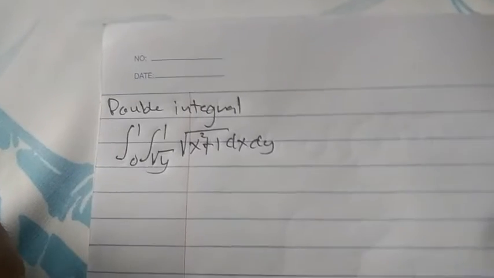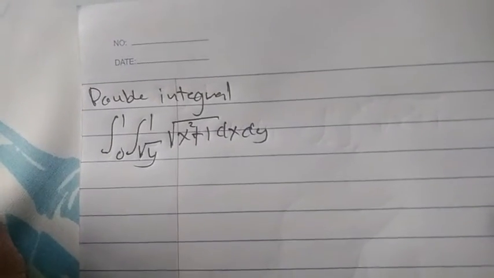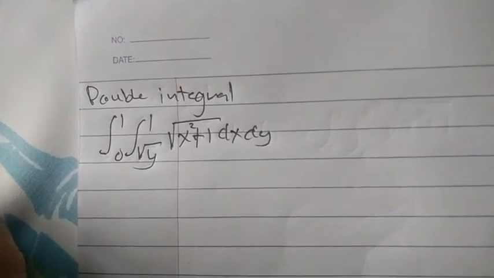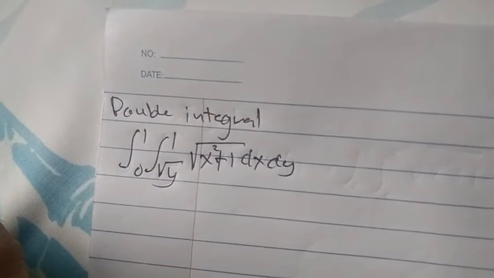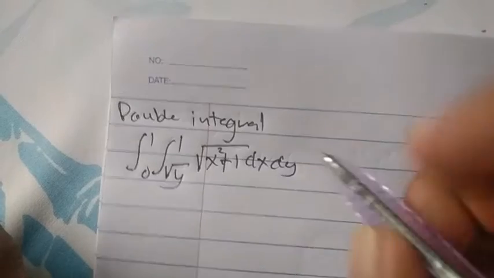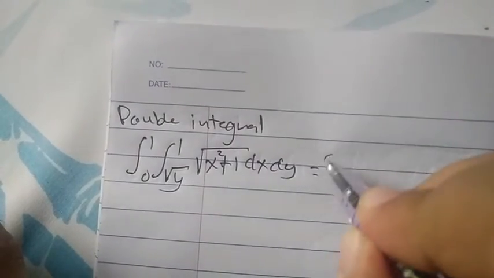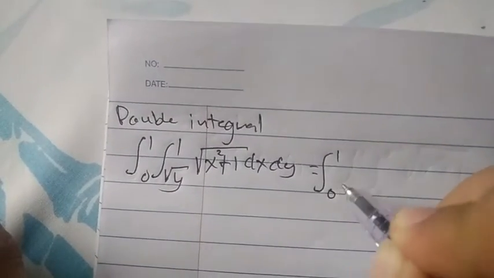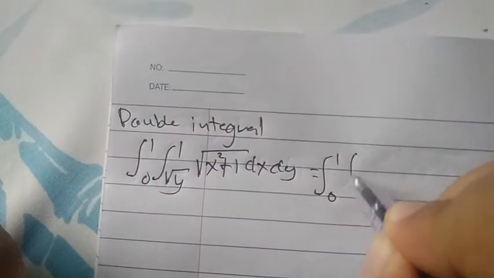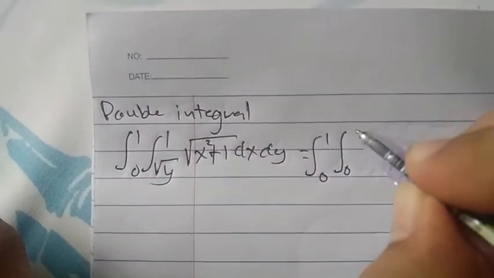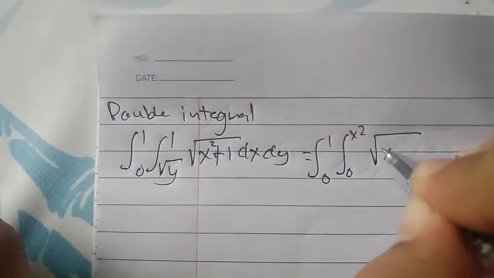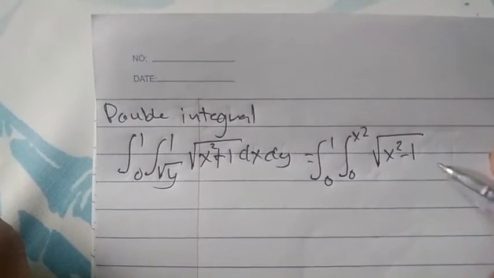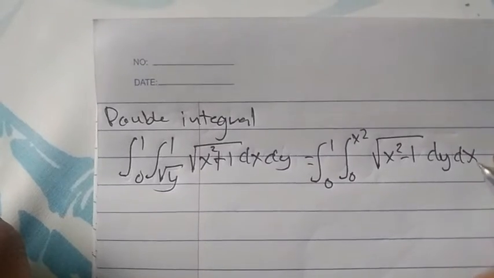So then we are going to solve a sample of our double integral. First we're going to change the order of integration. To do that, this will be the integral with limits 0 to 1 and 0 to x squared, of x squared minus 1, dy dx.